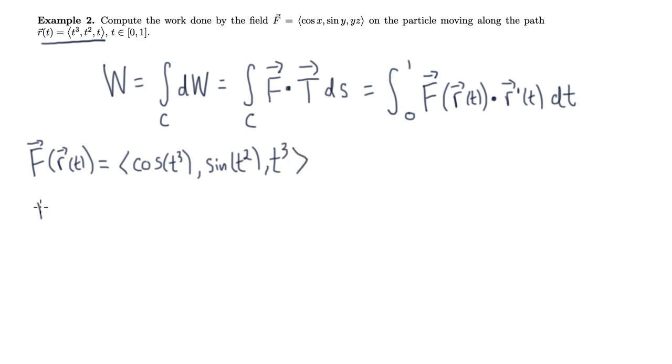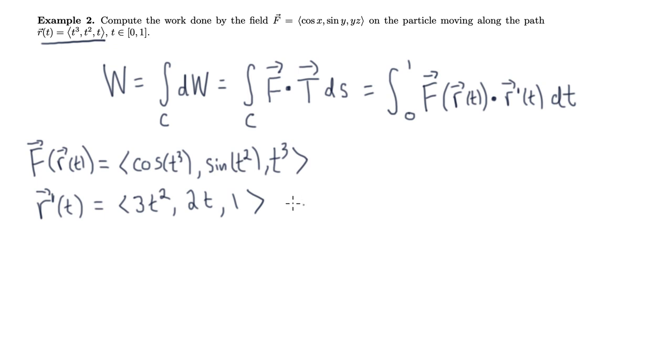Okay, and then the derivative, or r prime of t, is what? Let's see. 3t squared, and then 2t, and 1.